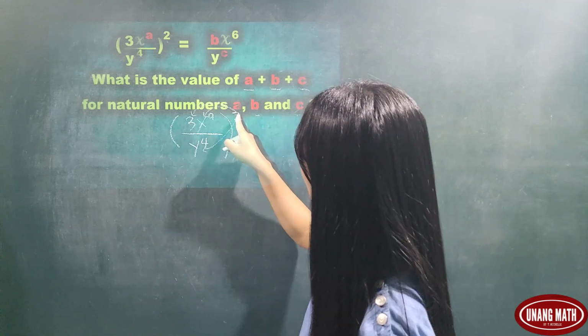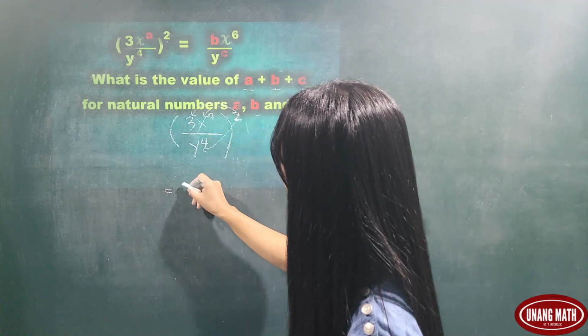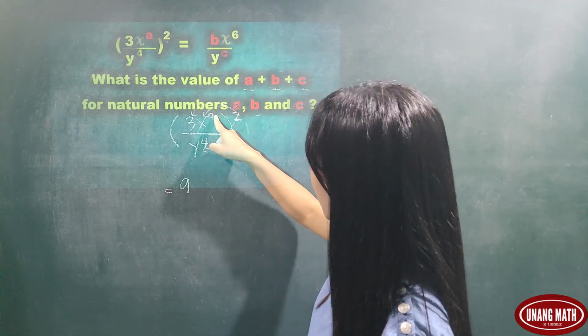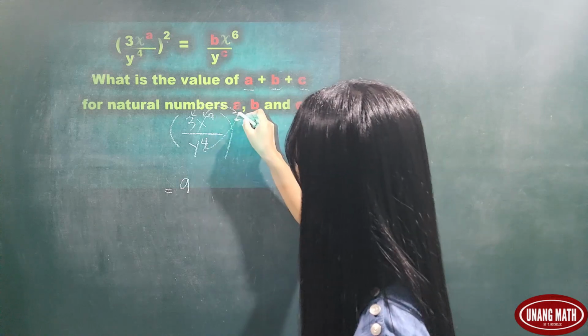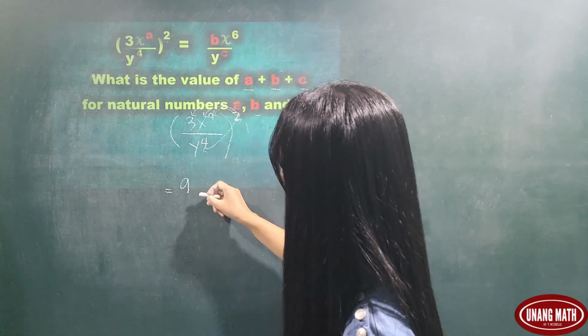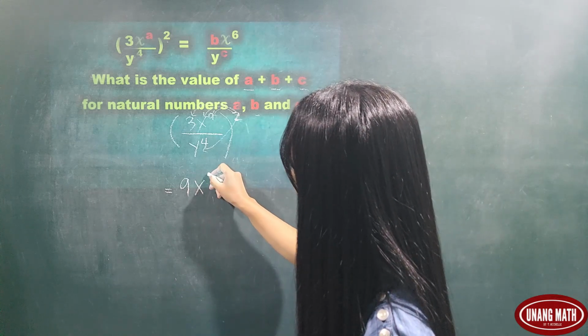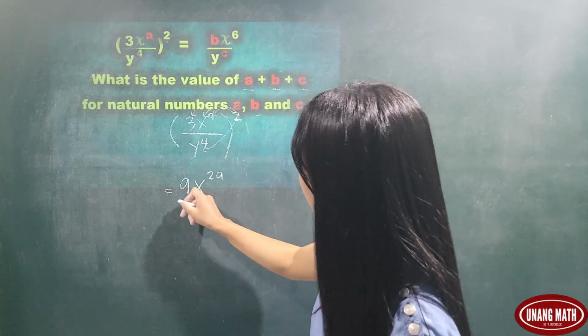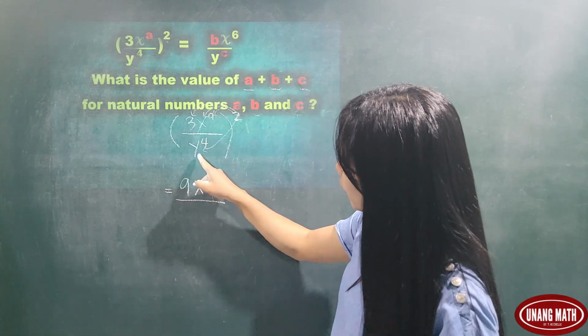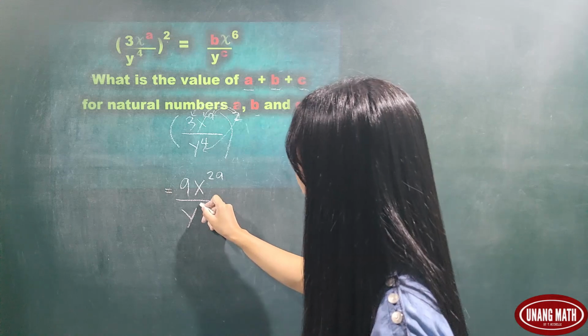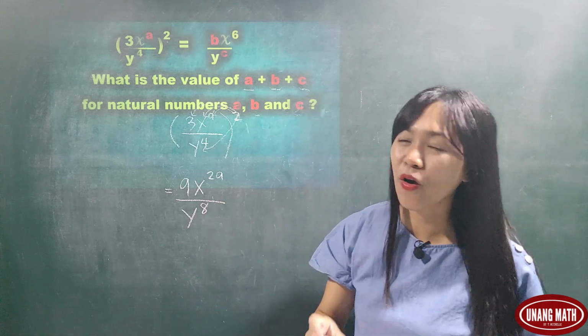So 3 squared is equal to 9. What about x raised to the power of a? That means 2 times a, so this is x raised to the power of 2a. Over the denominator, we have y, then 2 times 4 is 8, so y raised to the power of 8.